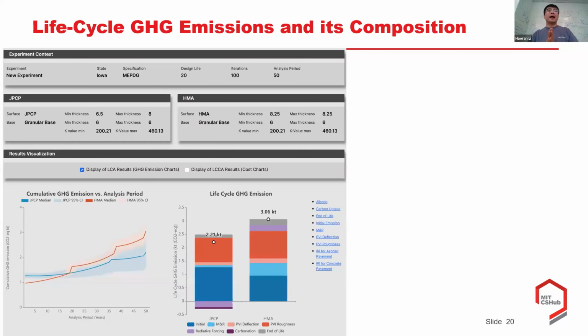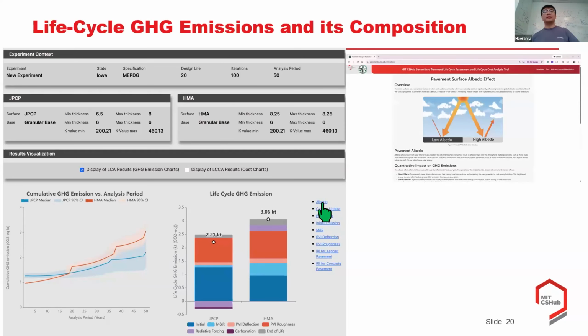All right, so another component you can see is that when we're having these major LCA results, there are different items on my right-hand side. They're actually clickable. So if you are still not familiar with some of these, albedo for example, just click that.